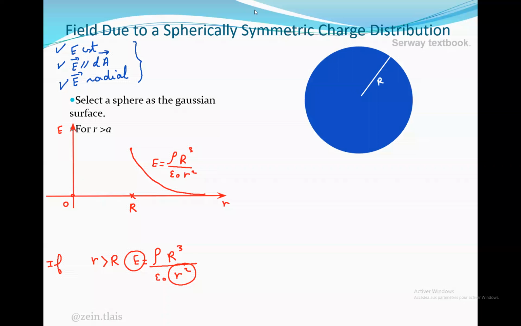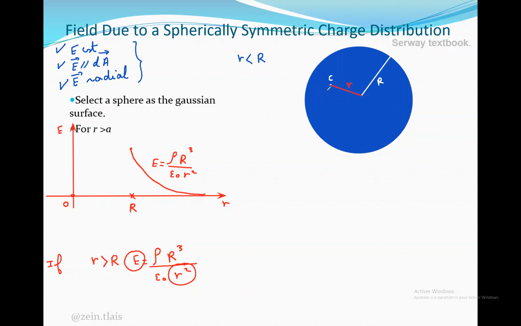As you see here, I want to calculate the field at a point, let me call it point C. In this case, the position of this point must be less than R. Here we have the capital R, and here we can see the position small r.